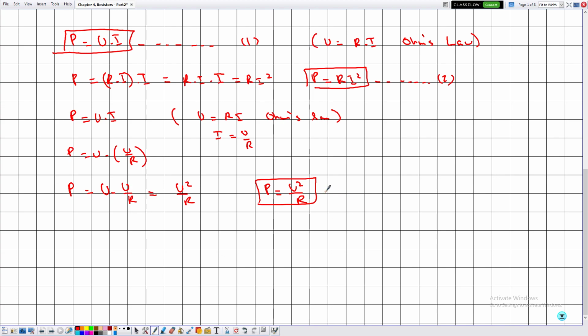So I think this is clear. So this is the third form.